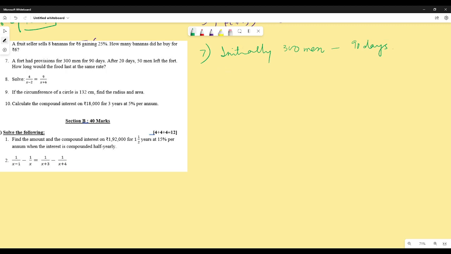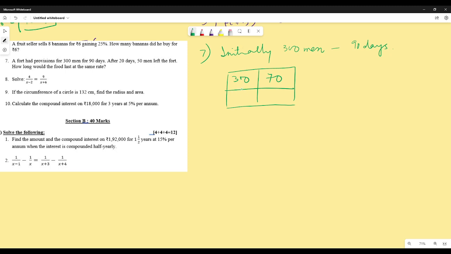Now with the same 300 men, after 20 days, you find that the food is still there for 300 people for the remaining 70 days.